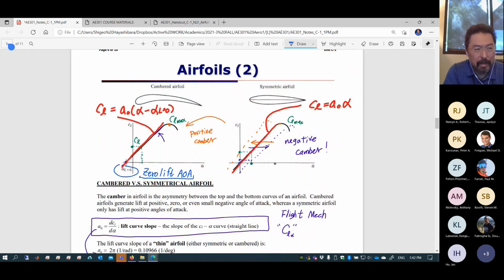Let's think about this way. This is the positive camber. Alpha zero lift is -3. Once you make it upside down, it is automatically going to make a negative camber, right? And negative camber actually puts you alpha zero lift at +3.